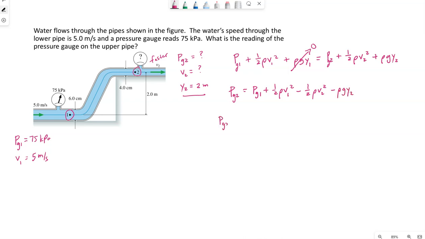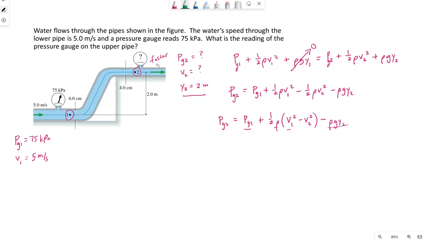So pressure gauge 2 will be pressure gauge 1 plus 1/2 rho (V1 squared minus V2 squared) minus rho g y2. There we go. We know pressure gauge 1, the density, and V1. We need V2, though, in order to solve for pressure gauge 2.